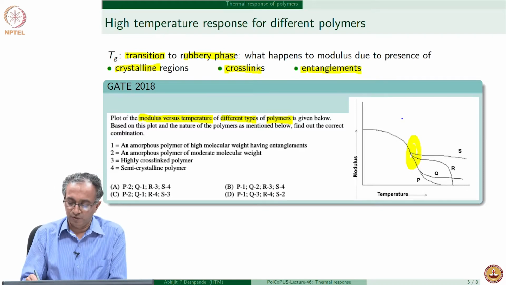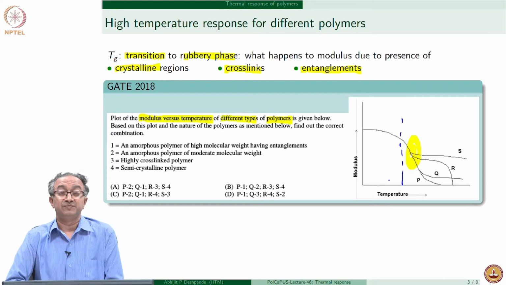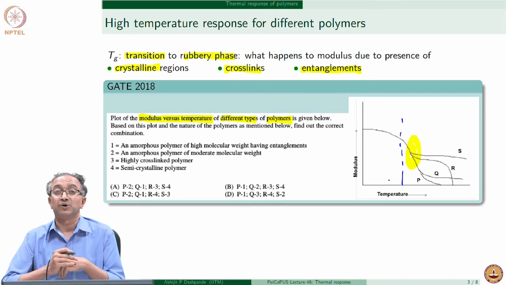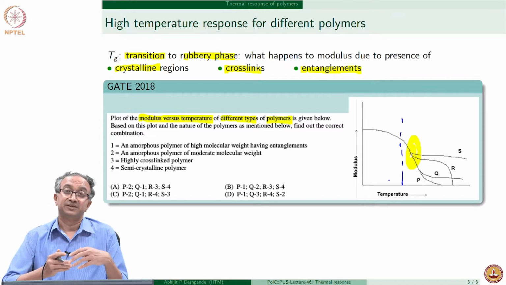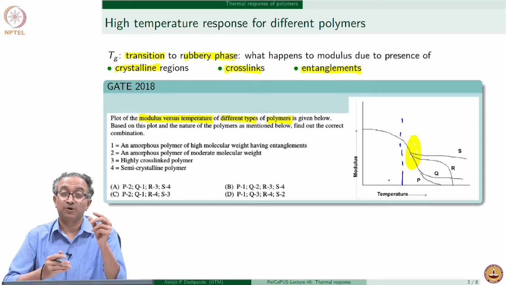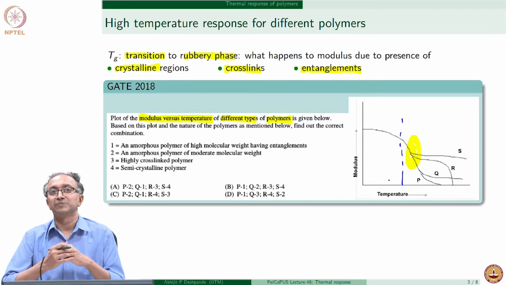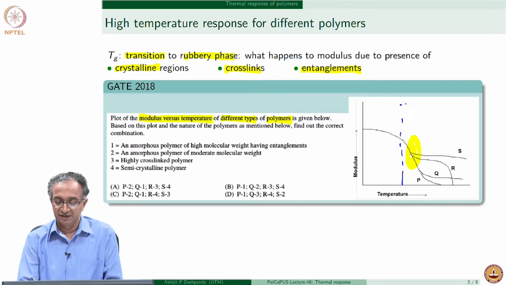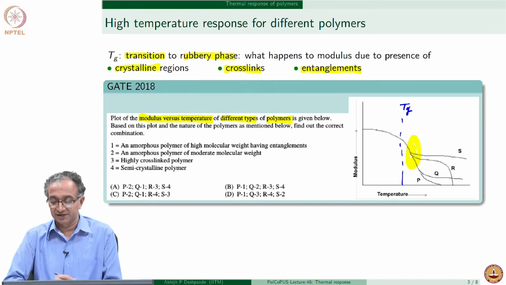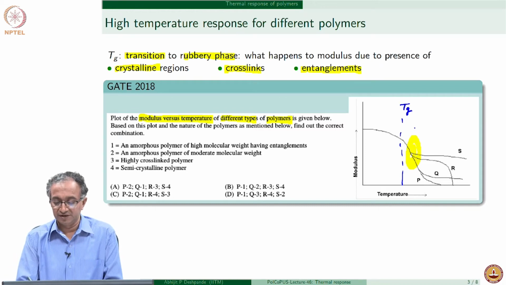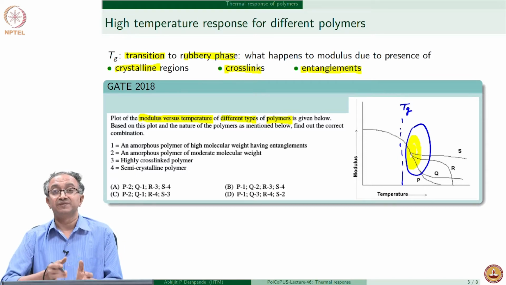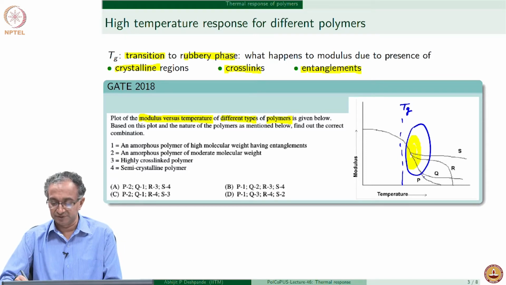I hope all of you can recognize that we have said that around glass transition there is an order of magnitude decrease in modulus, or orders of magnitude increase in diffusion coefficient of small molecules in the polymer due to free volume. So, in this modulus versus temperature graph, glass transition can be located, and the rubbery phase seems to have very different classes of response, which are captured here as P, Q, R and S.